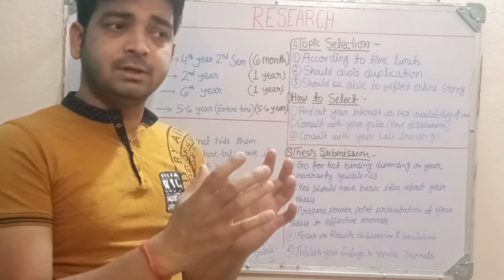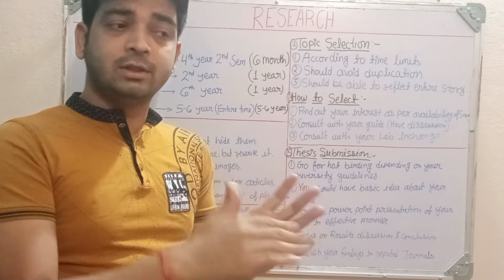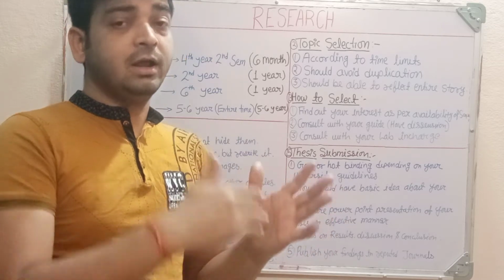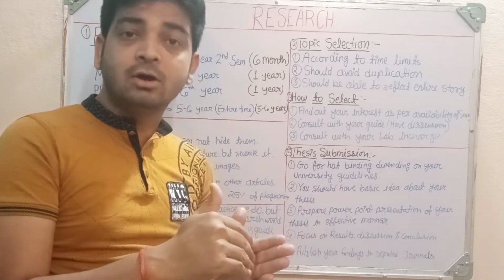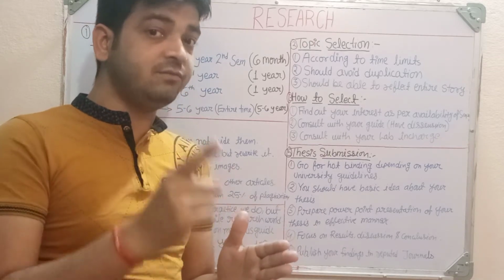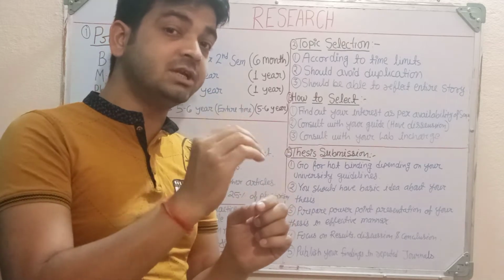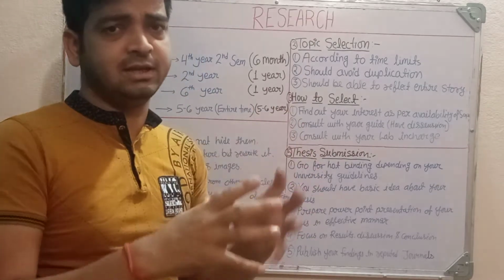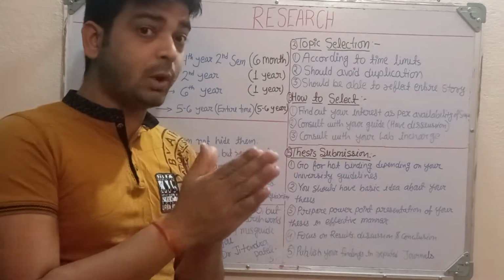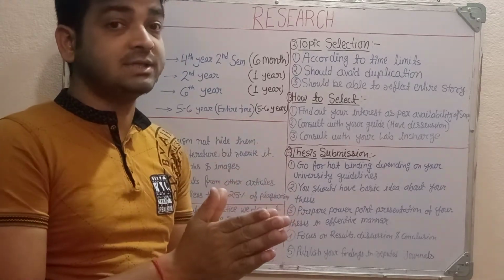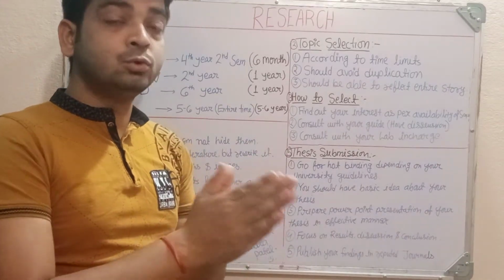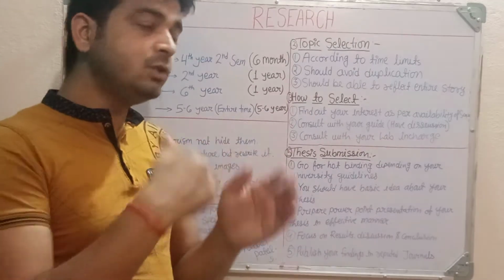So for those parameters, whether kits are available or not, whether a proper animal house is there or not, and whether that animal house has approval or not. Animal ethical approval is very, very important whenever you are doing animal studies in your research, whenever you are going for sacrifice or whatever animal you are using, right? So those things you have to verify. Consult with your lab in charge whether they are able to perform this or not, right? Then you can go for it.